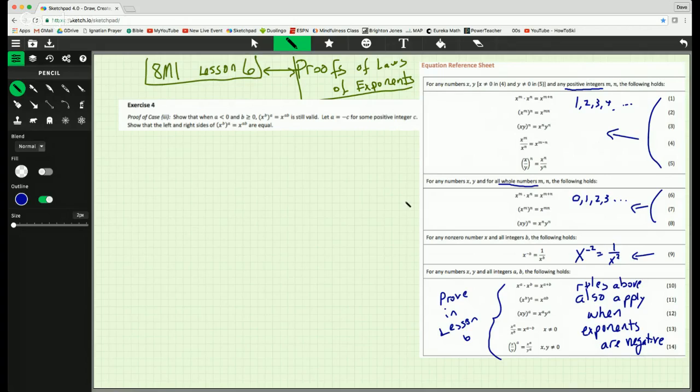So let's start off. What I want to do is prove what's exercise 4, and I think this is on page S.23 in the handouts that I have.